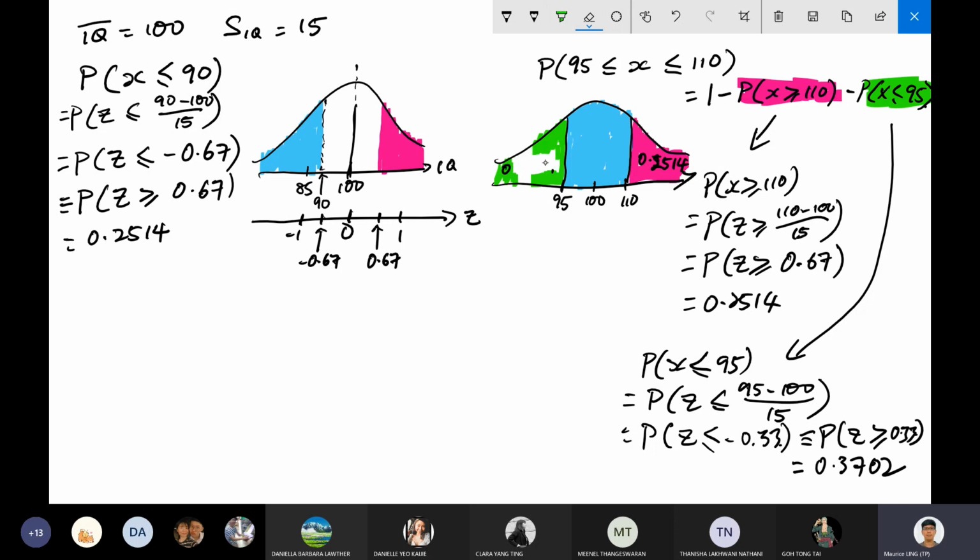Then I have to erase this part here. This is 0.3707, not 0.3702.